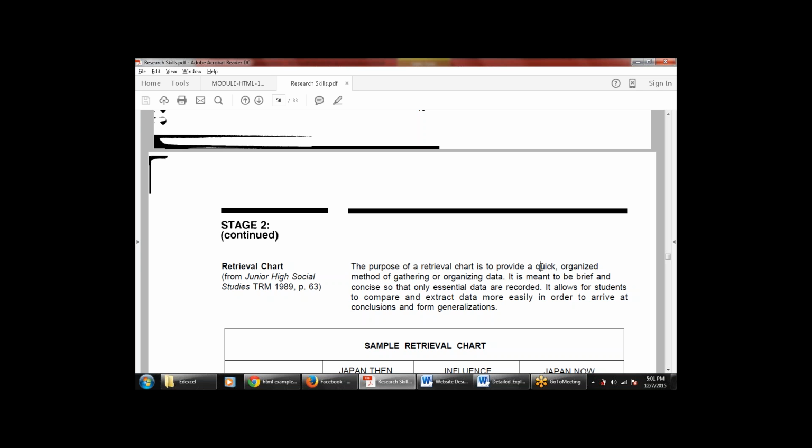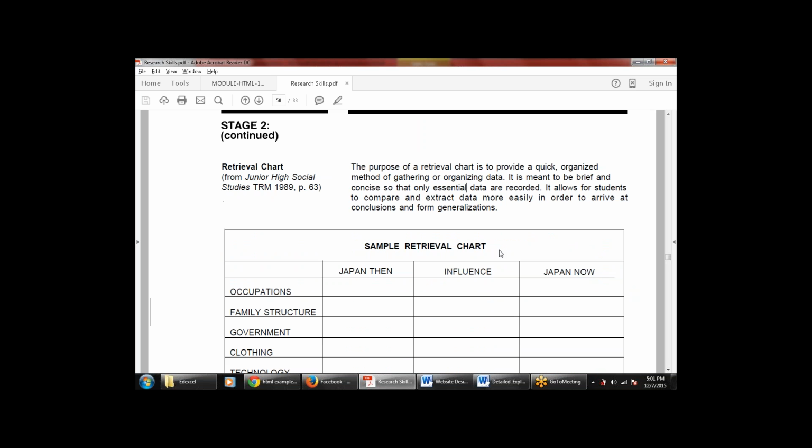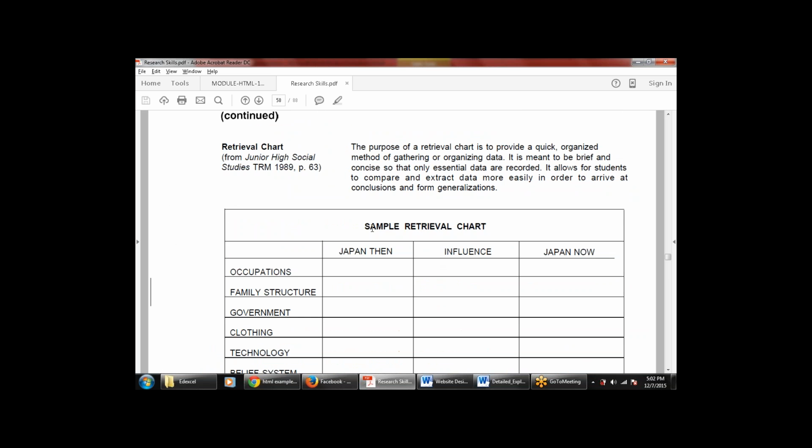So the purpose is to provide a quick, organized method of gathering or organizing the information, and it is meant to be brief and concise, so that only essential data are recorded. It also allows the students to compare and extract the data more easily in order to arrive at a conclusion and form a generalization. One example given is a sample retrieval chart that includes various fields like occupations, Japan then, influence on Japan now, family structure, and government.